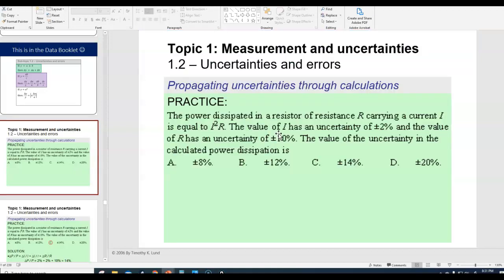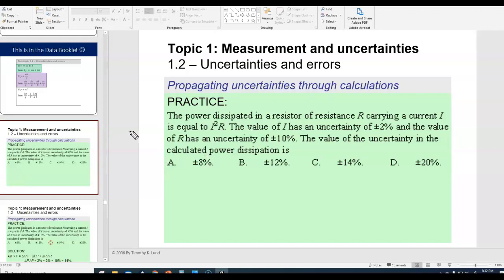It says the power dissipated in a resistor of resistance R carrying a current I is equal to I squared R. The value of I has an uncertainty of plus or minus 2%, and the value of R has an uncertainty of plus or minus 10%. The value of the uncertainty in the calculated power dissipation is what?